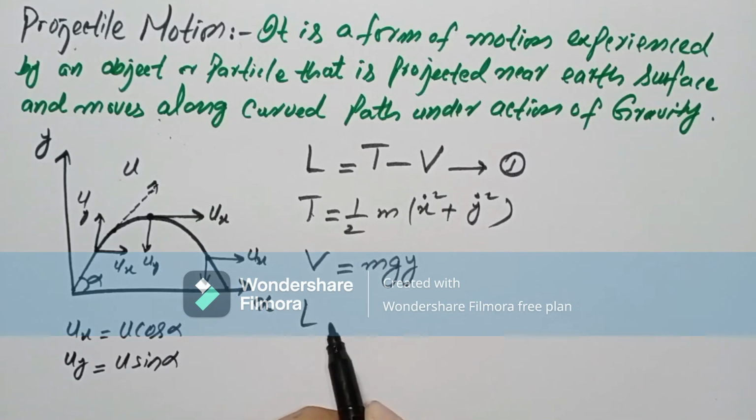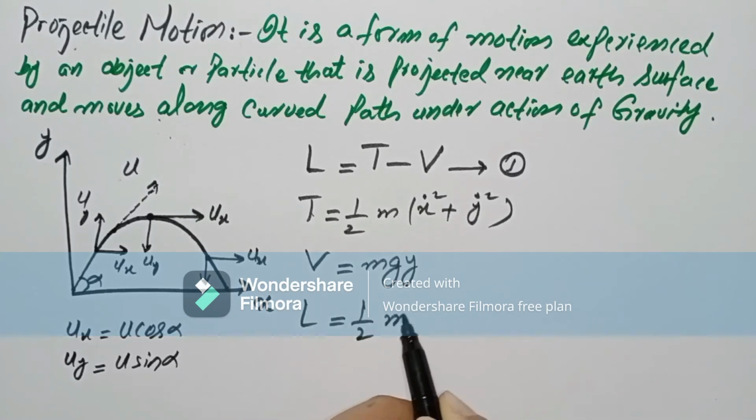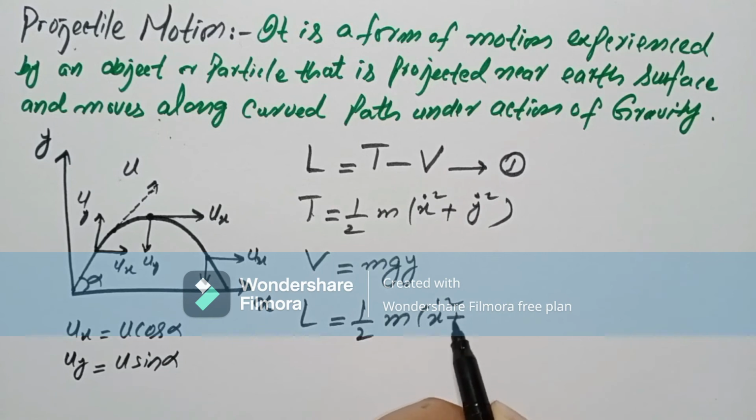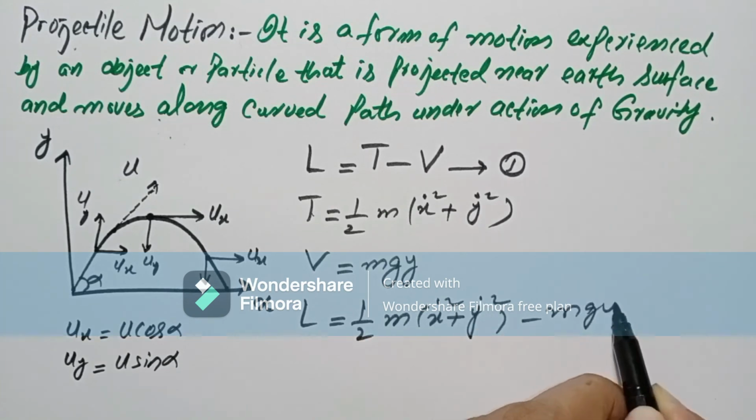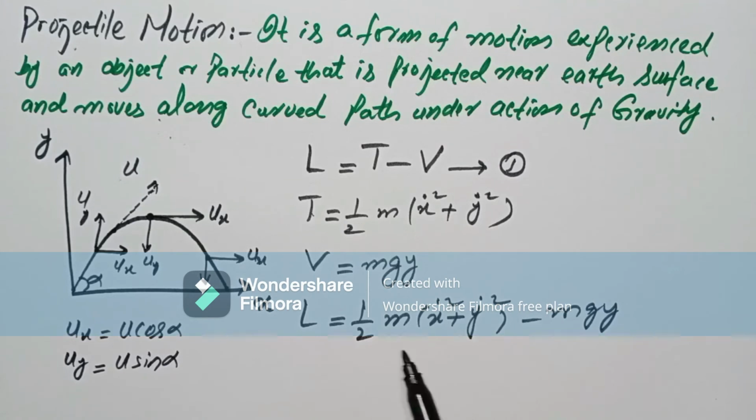Then the Lagrangian simply will be half m times x dot square plus y dot square, minus mgy.